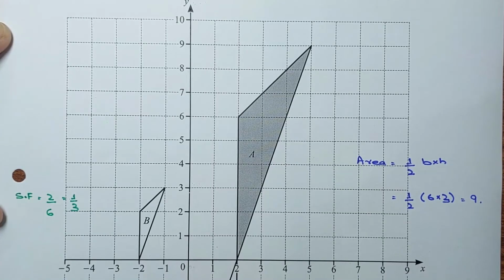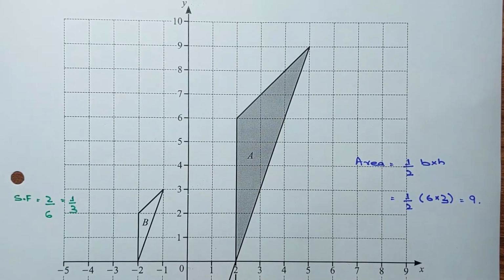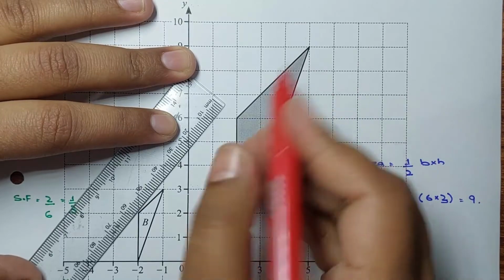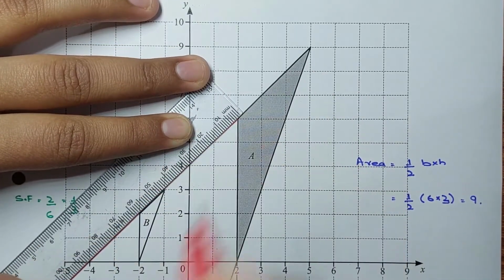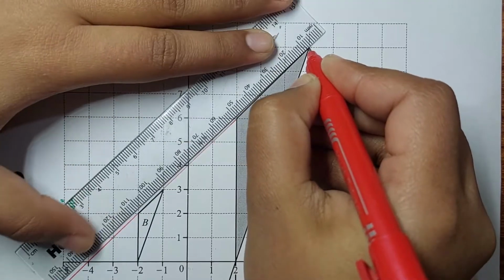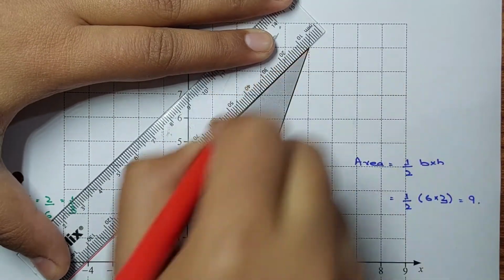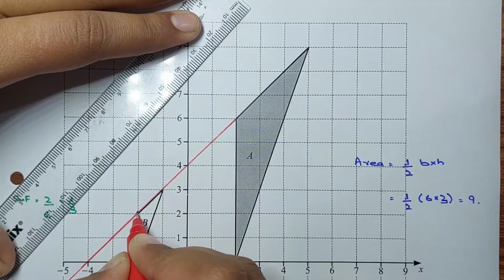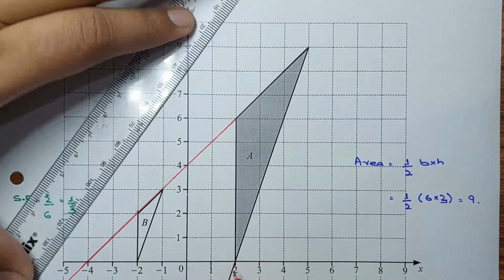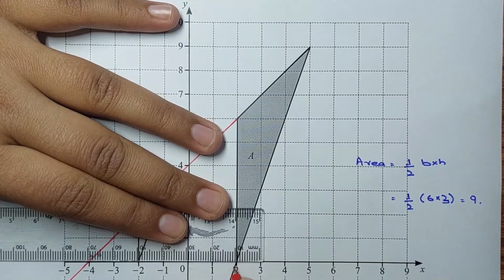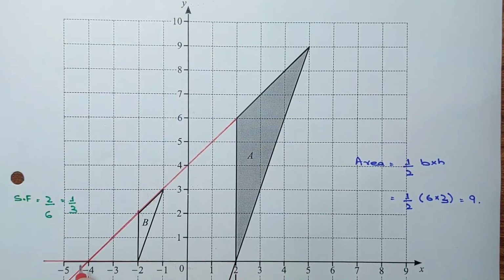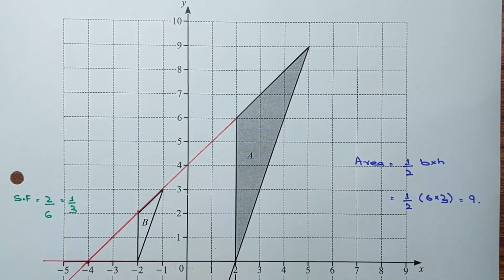Let me work on the center of enlargement by connecting the corresponding coordinates. This coordinate is also connected with these two. And this one is connecting with this one. So they all pass through the point -4, 0. So this is the center of enlargement.